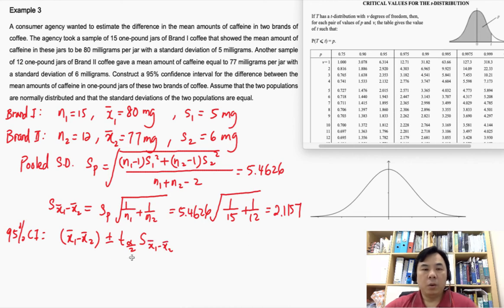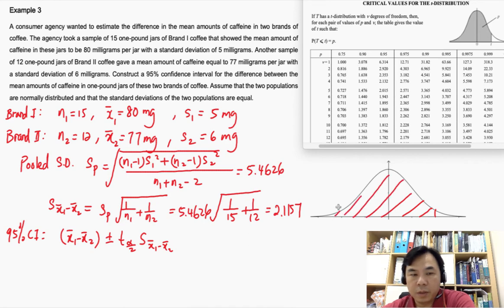Alright. Now all I need to do now is to find out what is the critical value that represents the 95% confidence interval. So for a 95% confidence interval, I should be reading this area here. So this area would be 97.5%, and then the critical value is given here. All right.